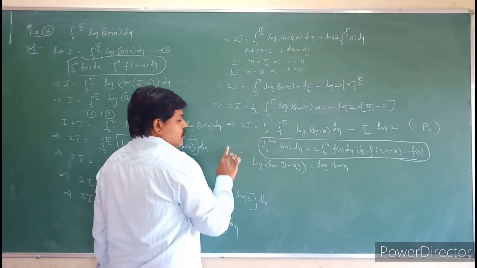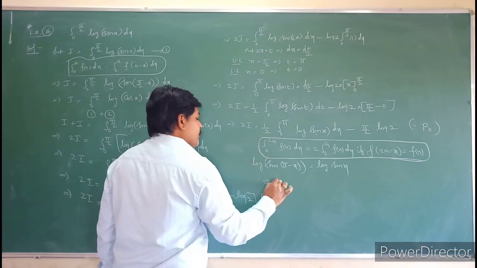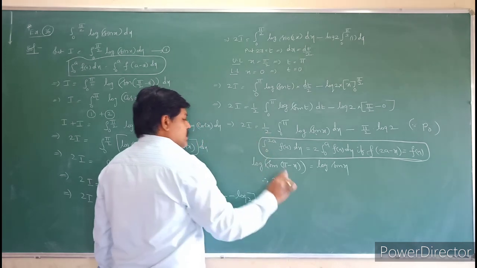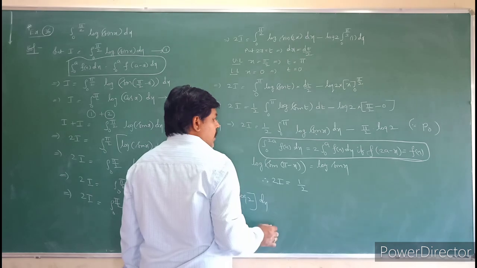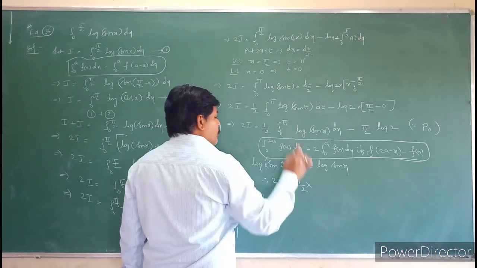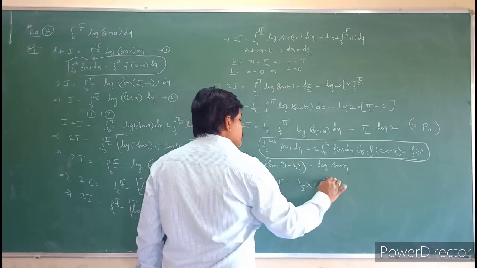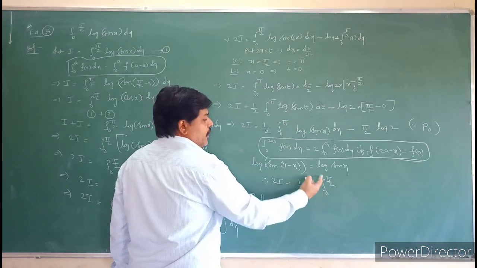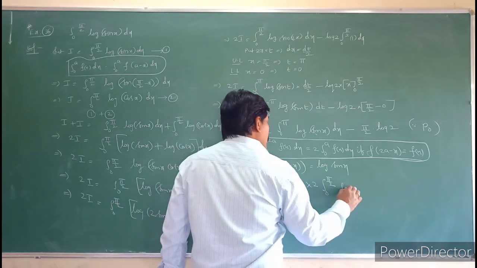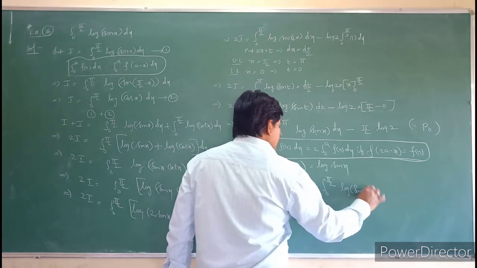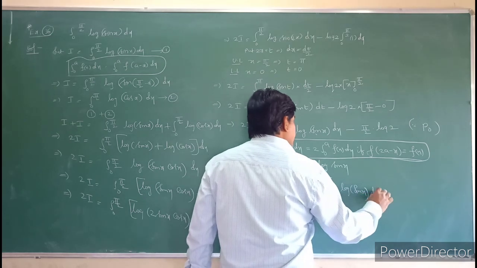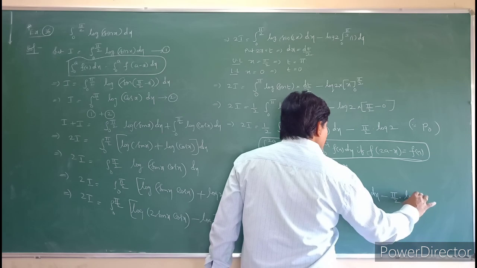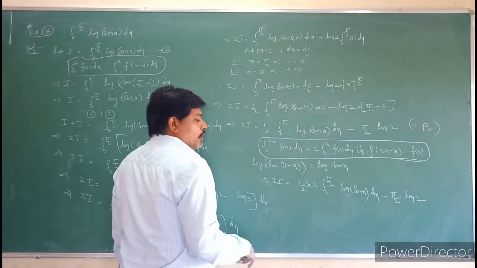So therefore 2I you can write as 1 by 2 into this 0 to pi, which you can write as 2 into integral 0 to pi by 2 of log of sin x into dx, minus pi by 2 into log 2 minus pi by 2 into log 2.